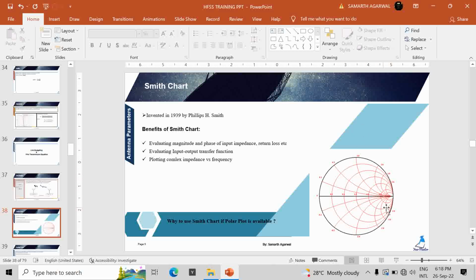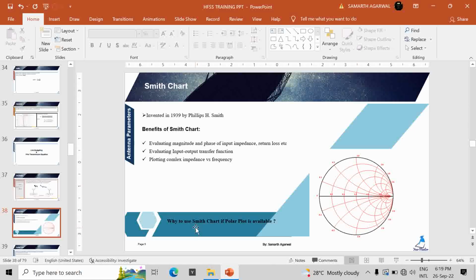This is nothing but the resistance and reactance circles. And we can also add conductance circles so that it gives a complete picture of the Smith chart. With it we can compute numerous parameters: gain, S11, VSWR, impedance, reflection coefficient, and many other things.